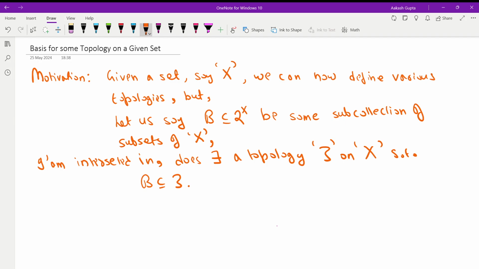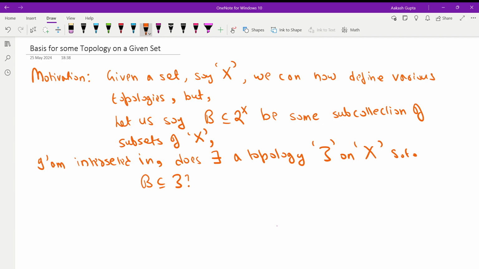If I have some subsets of a particular set, we are interested in whether there exists a topology in which those subsets would be open. Isn't it a very difficult and beautiful question? So let us answer this question today, and see how we can tackle these kinds of things.